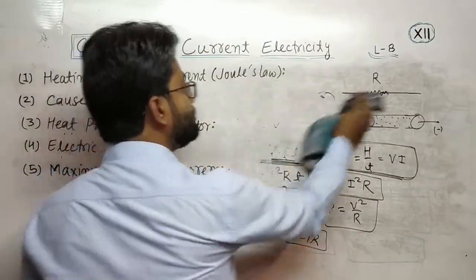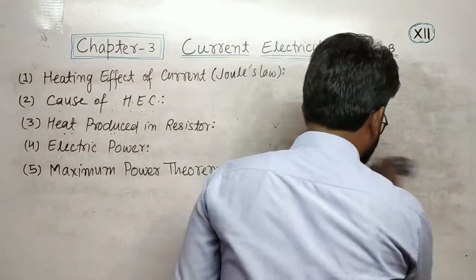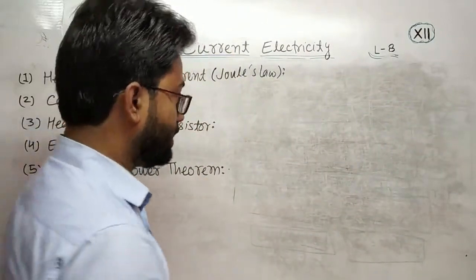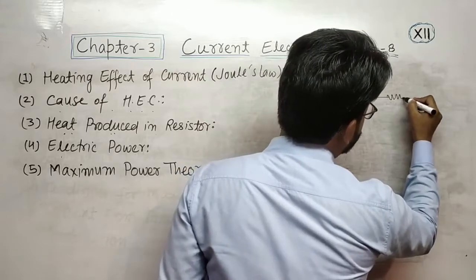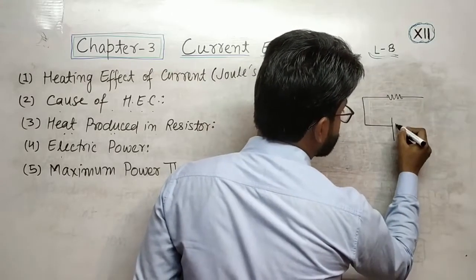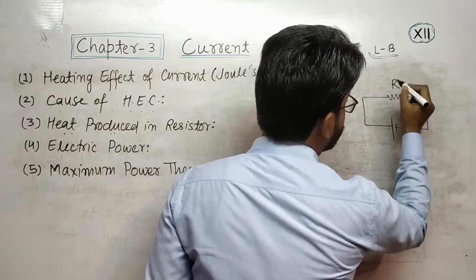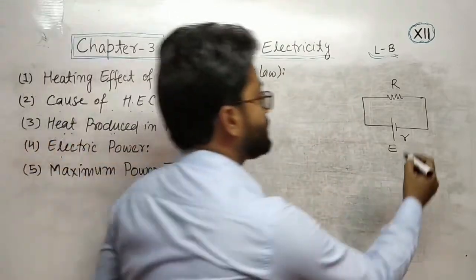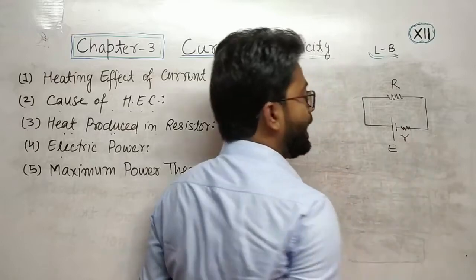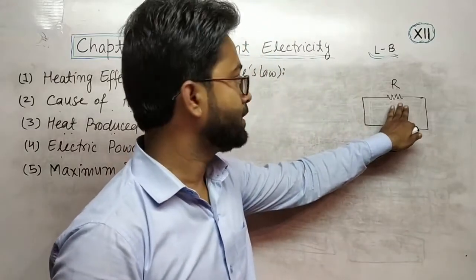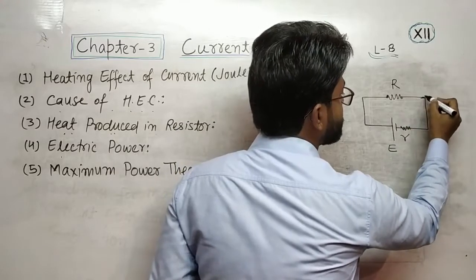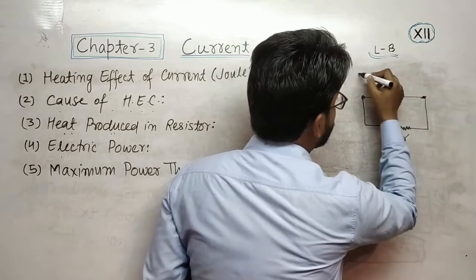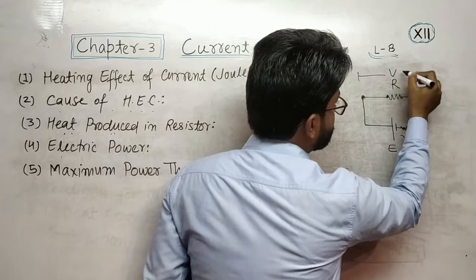When we connect a resistor R across a cell, which has EMF E and internal resistance r, this is the external resistance R, and the potential difference across the resistor is, let us suppose, V.